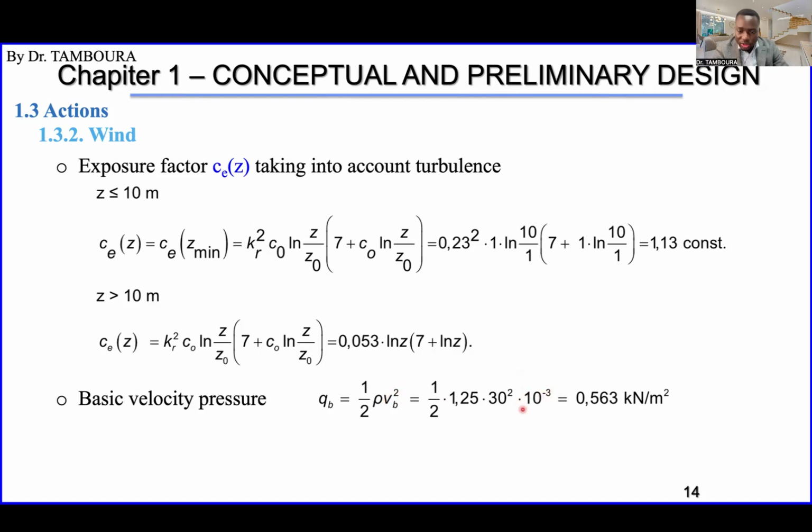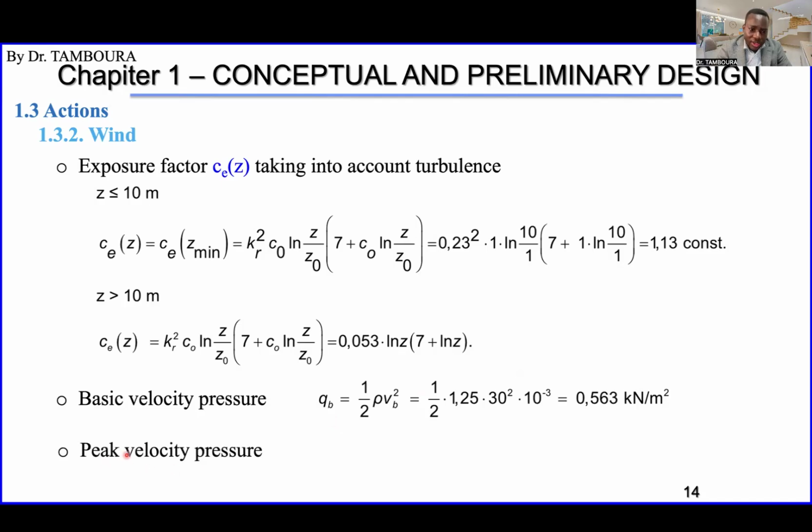You have to convert the velocity, and the density has to be converted so that you can obtain kilonewton per square meter, in kilopascal. So using this velocity, we can obtain this basic velocity pressure. It means if you have the velocity of the wind, you can obtain the pressure of the wind. So the basic velocity we calculated at the beginning was 30, and using this equation, we can calculate the basic pressure of this velocity.